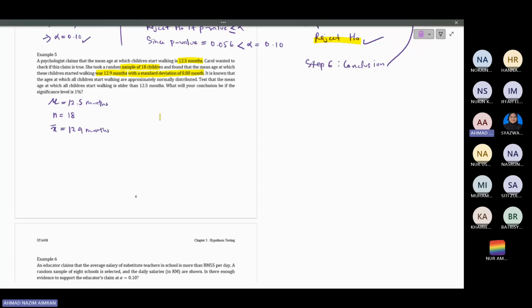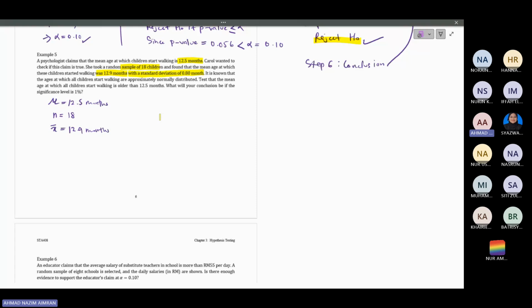In our previous examples, the standard deviation given is the standard deviation of the population. But this time, we know that the standard deviation of 0.8 months is referring to the standard deviation of the sample.